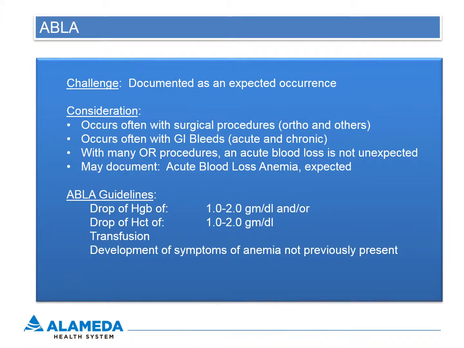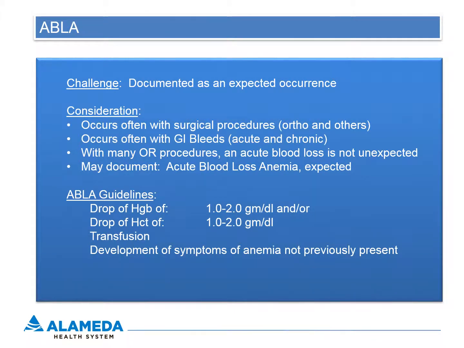Okay, acute blood loss anemia. The challenge is a patient can frequently have ABLA following a surgical procedure, and it is okay to document it as an expected occurrence. Just because it's expected does not mean it's not a proper diagnosis that needed monitoring, maintenance, and or treatment.